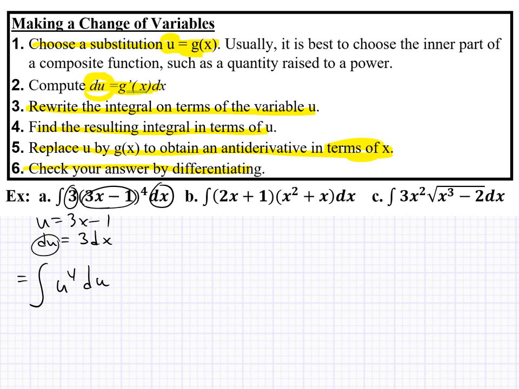So I pull those things out. I'm just left with u to the fourth du, which would then give me u to the fifth over 5 plus c. Replace the u with 3x minus 1 to the fifth over 5 plus c, and I have my answer. Keep going.